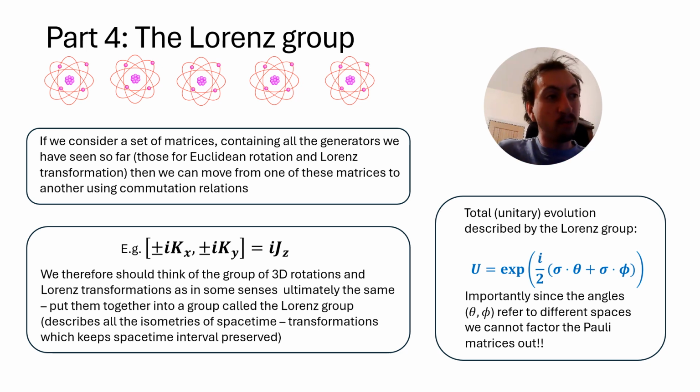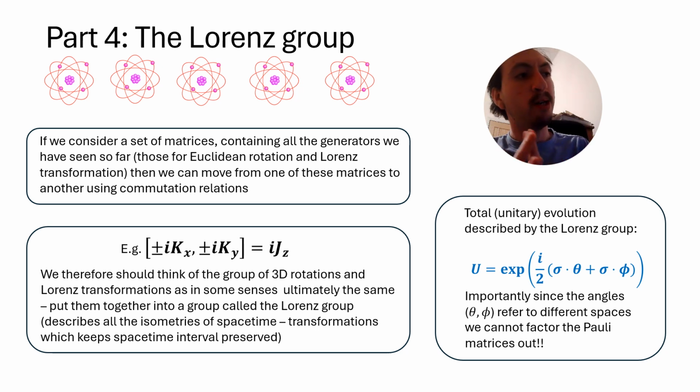So, that's really everything for this video, because we have now got to a place where we understand what the Lorenz group is, we understand how to get the matrices of the Lorenz group using generators, and that the generators can be built from the Pauli matrices.